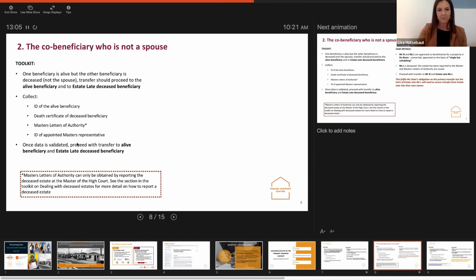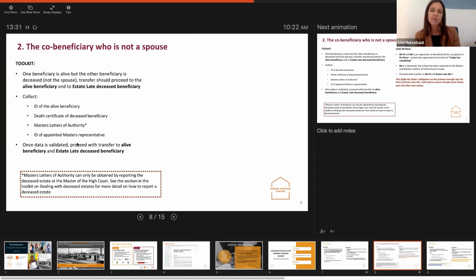So not a married couple. So you've got one beneficiary who is still alive, but the other beneficiary is deceased and is not a spouse. So not the situation that we've just talked about. And our proposed solution here is that you transfer to your beneficiary who's still alive, as well as to the estate of the beneficiary who's deceased.